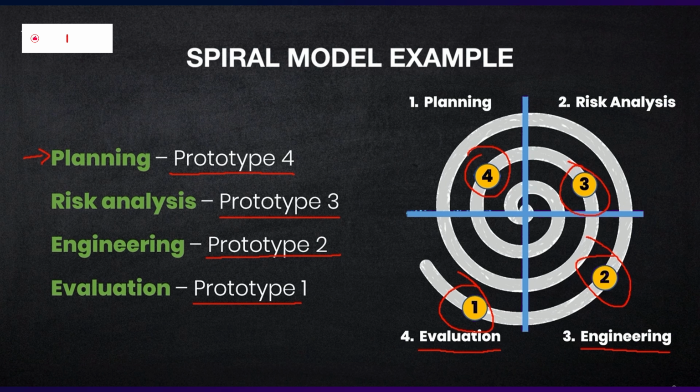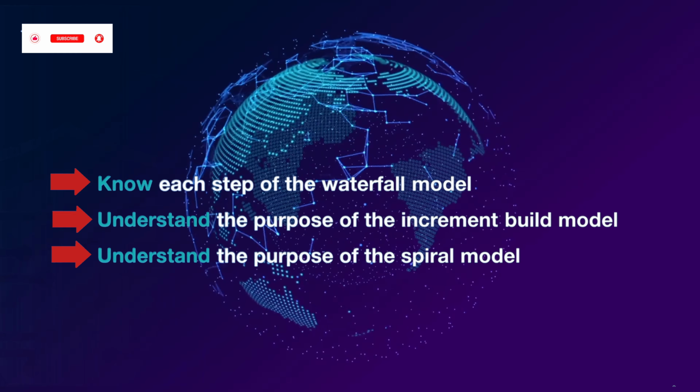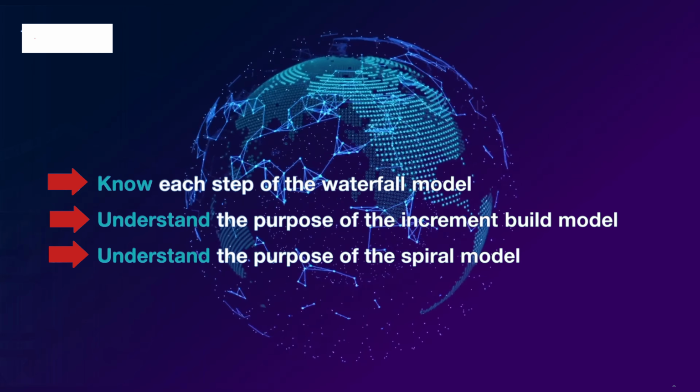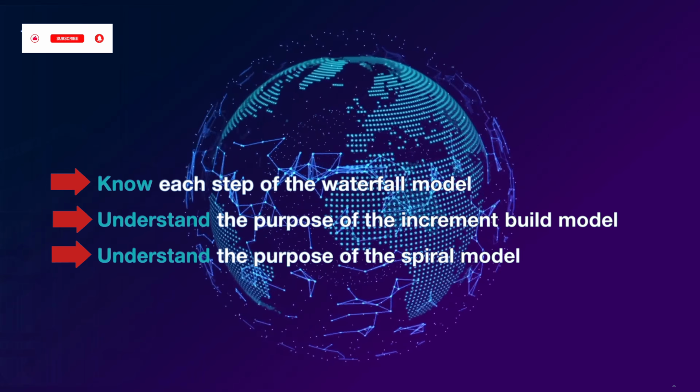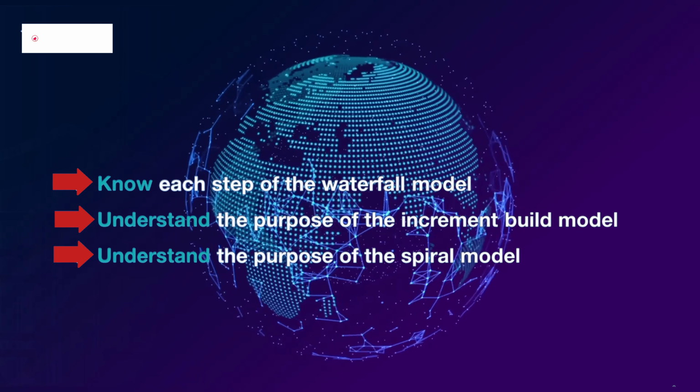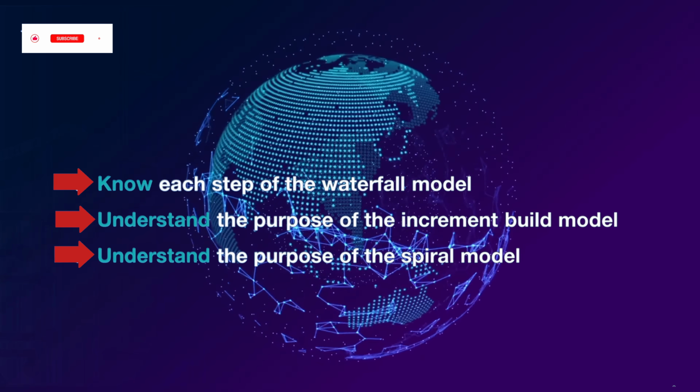So it can be very cumbersome and it can be very difficult to build security into development. If building security in is the most important, there's a better approach, and we will talk about those in the next video. For this video, the bottom line is to know each step of the waterfall model as we talked about, also understand the purpose of the incremental build model and understand the purpose of the spiral model as well.